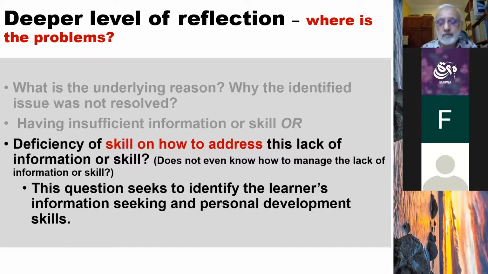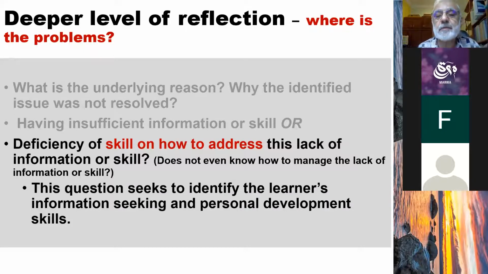In other words, how to find this information. Is there any lack in the skill or ability to find the required information? And this question seeks to identify the learner's information seeking and personal development skills.